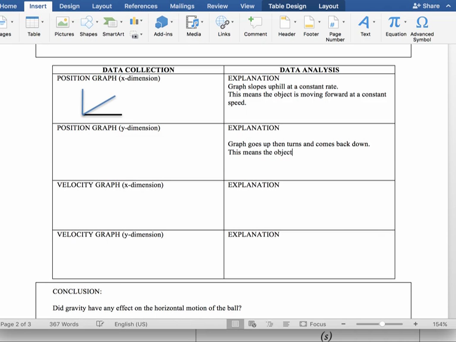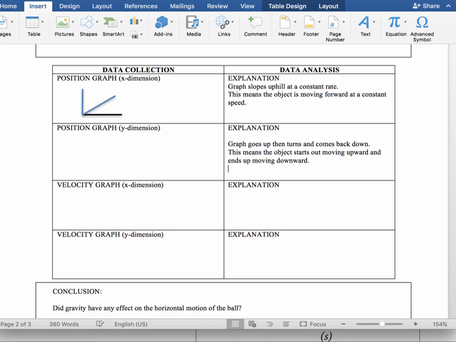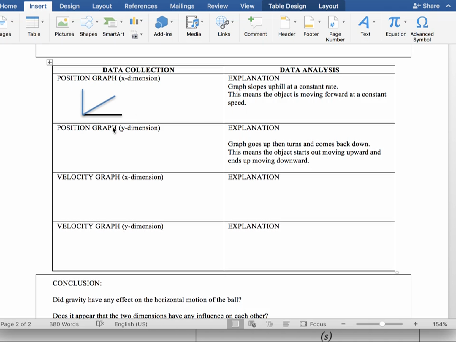This means the object starts out moving upward and ends up moving downward. Notice, because I'm in the y dimension, that I'm using the words up and down. We would not use the words forward or backward.